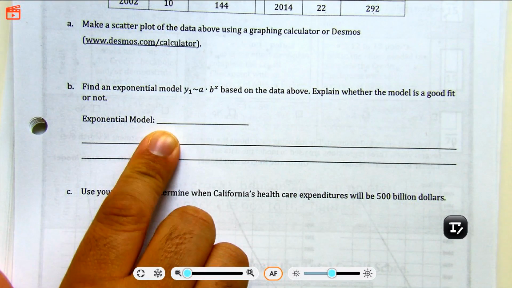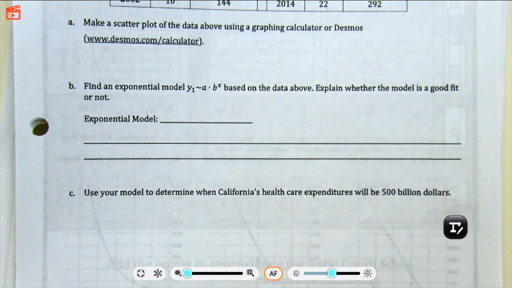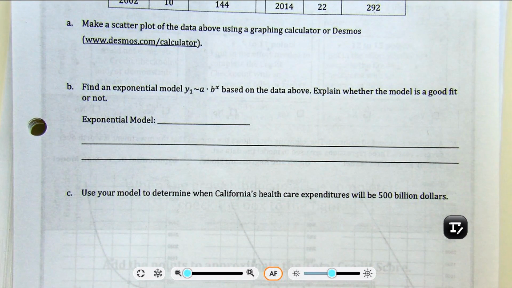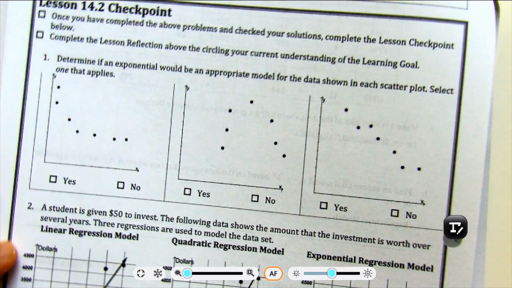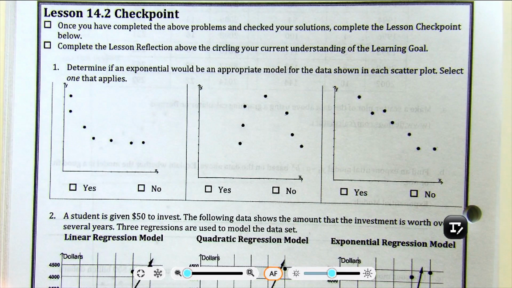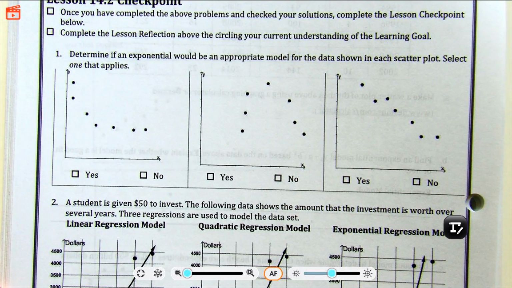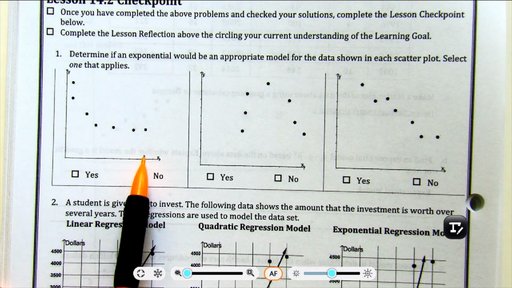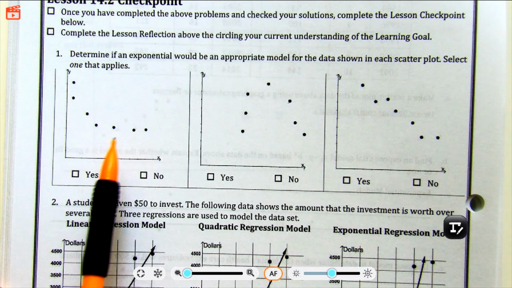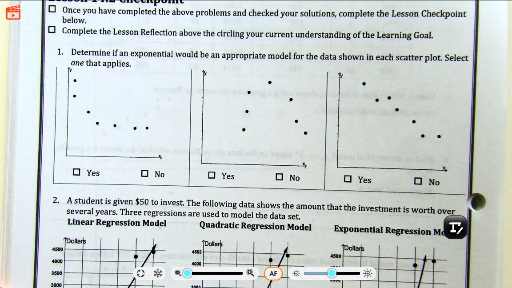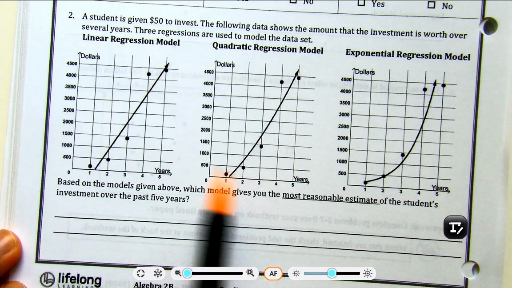So what is a and what is b? And then using that model, answer the question below. And then the checkpoint, same thing. So we have scatter plots, and they're asking us which one represents an exponential model. And for number 2, same thing.